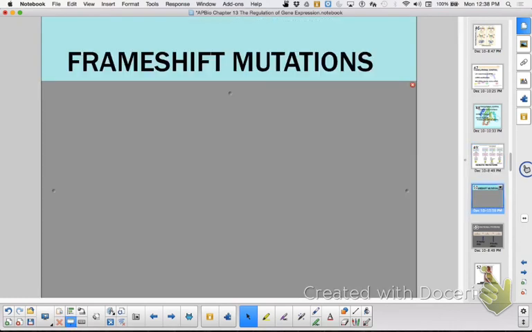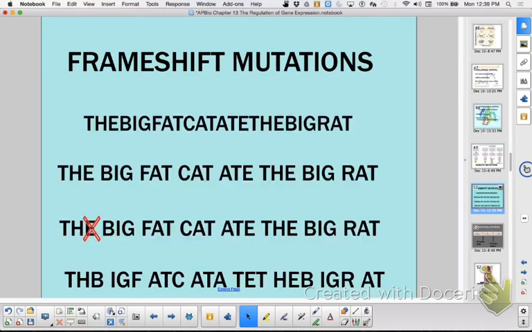Then one of the worst kind of mutations were frame shift mutations. And when we looked at that, I gave you 3-letter words to represent 3-letter codons. Okay? And in this case, here is our first codon is THE, but we've removed the E. So now our first, hello, my studious children, my first codon instead of THE is TH what?